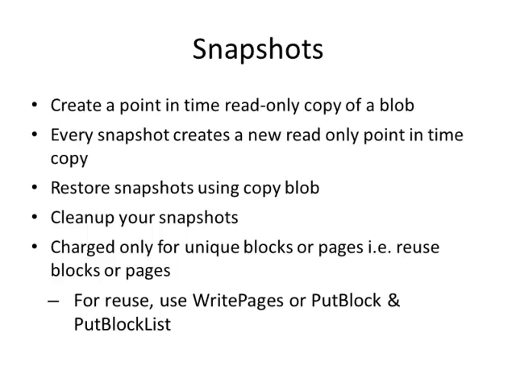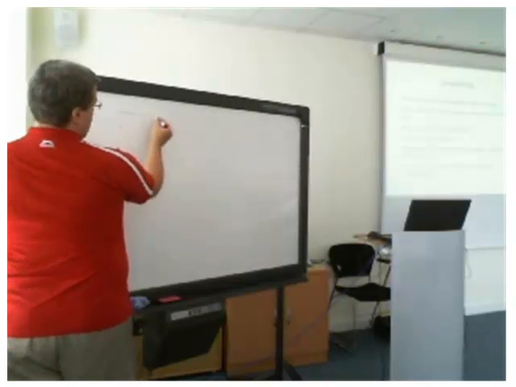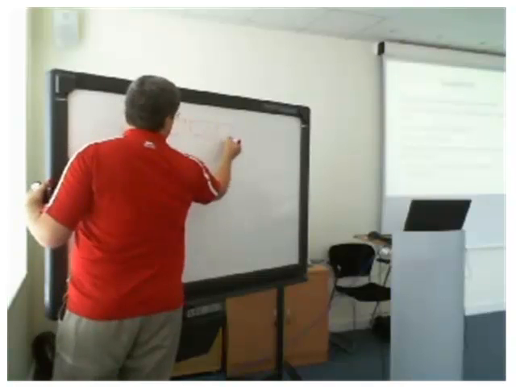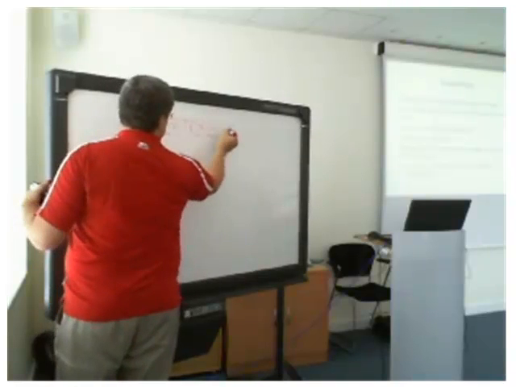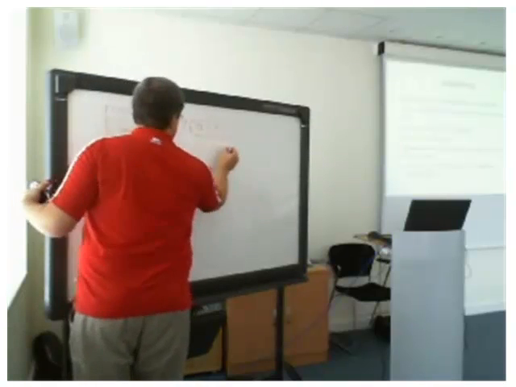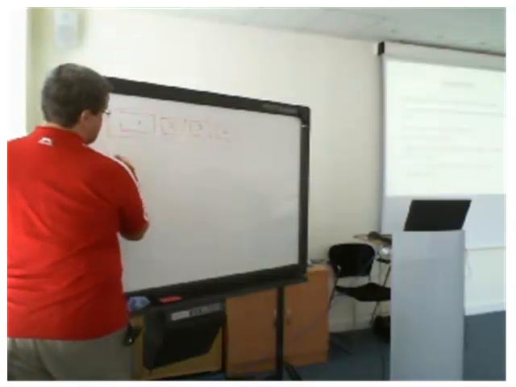Snapshots. This is quite clever. Going back to the block blob, we have our 4 blocks. That's our file. What we then do is decide, okay, we're going to change a bit of it.